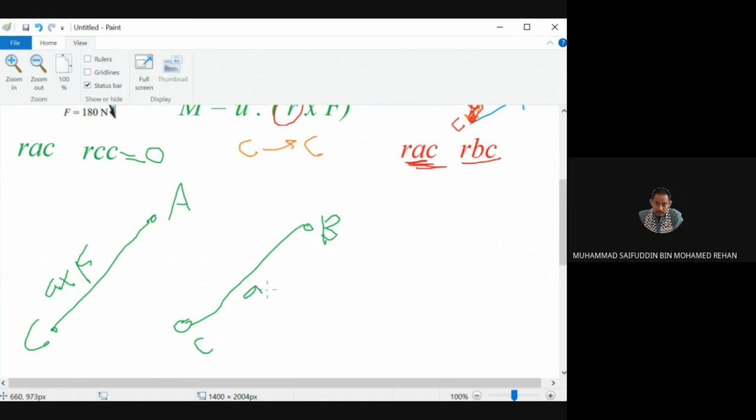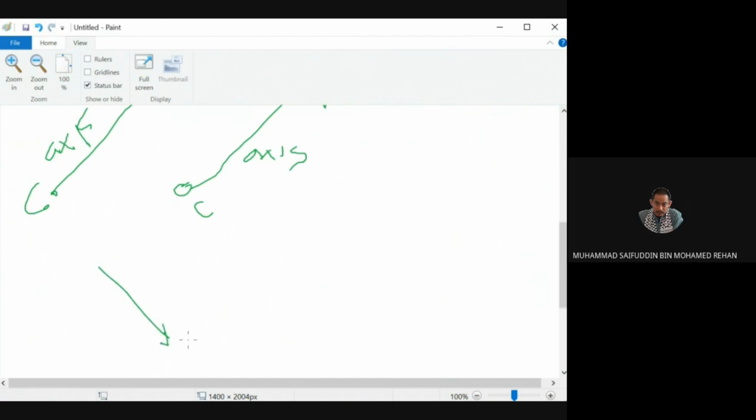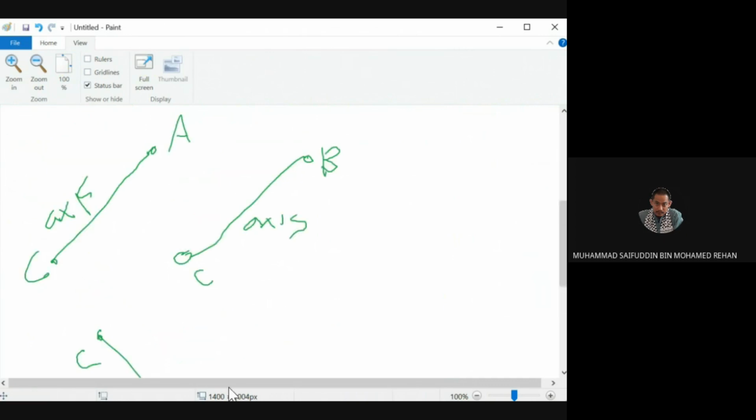The force is actually on point C. So what is the moment produced by this force about this axis and about this axis? Which one is larger? That's basically the question.